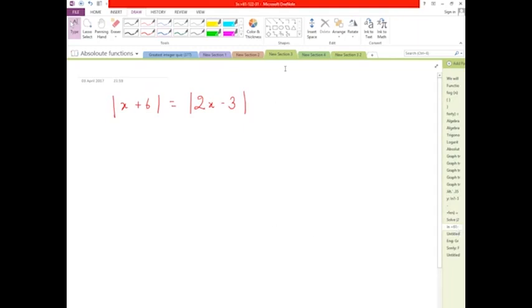Now, I think it was discussed in the group earlier as well, and I'll just cover it again. So if a question is of this sort, x plus 6 equal to 2x minus 3, now it becomes a bit trickier.